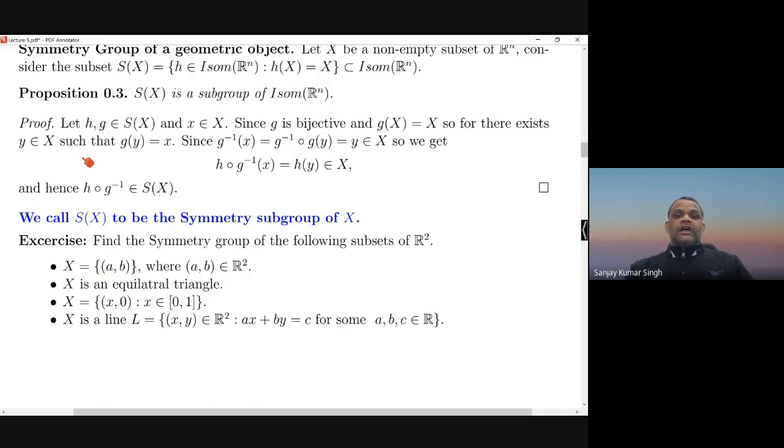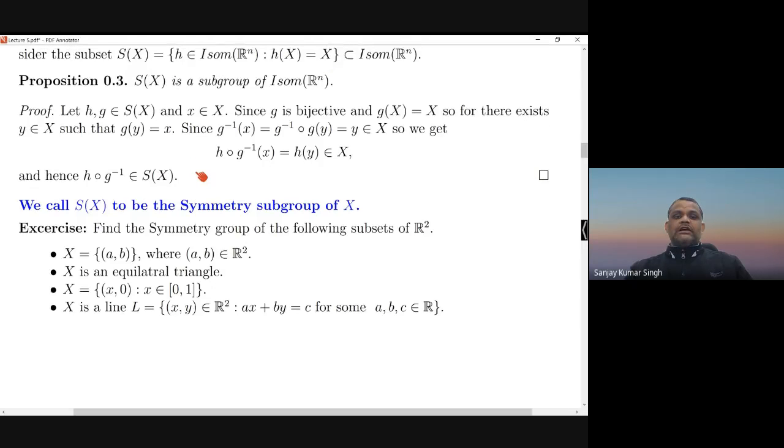Now I want to show that H G inverse is here. It means H G inverse of X is equal to X. For that, you can easily verify that this set is a subset of this, and since they are bijections, it will be exactly equal to X.